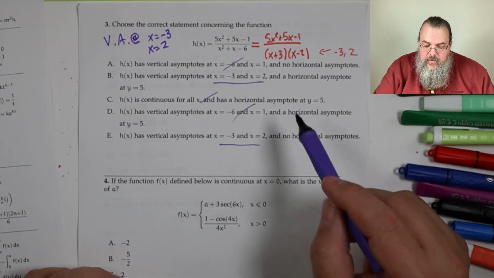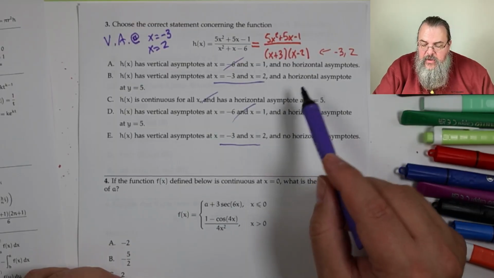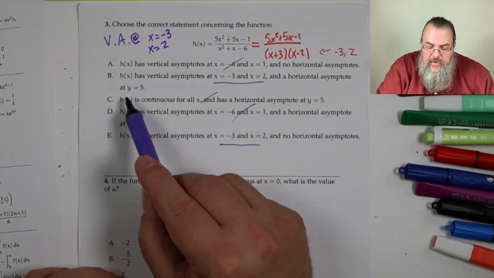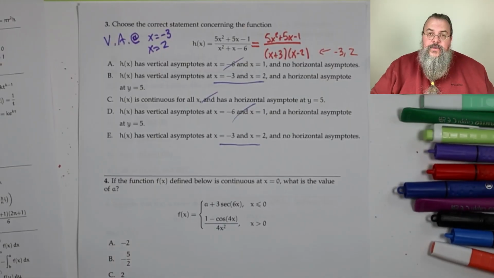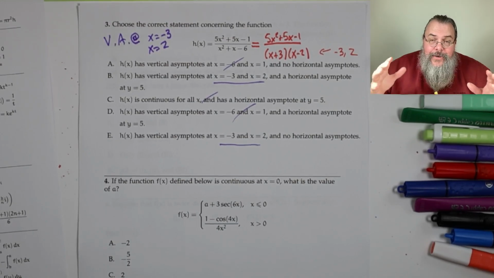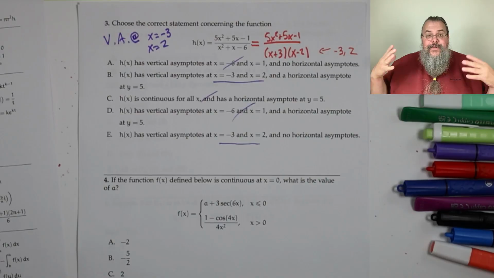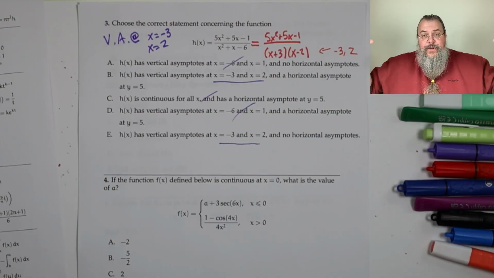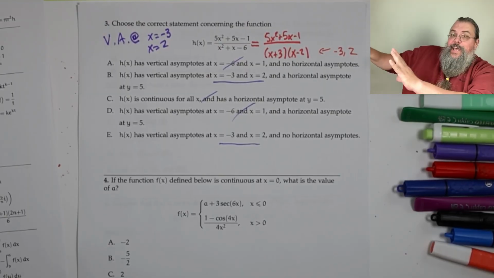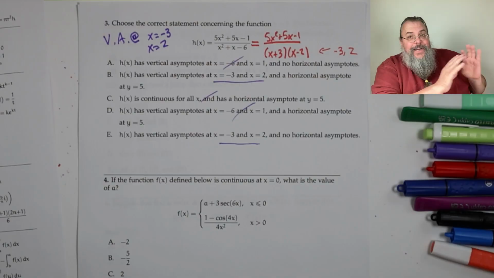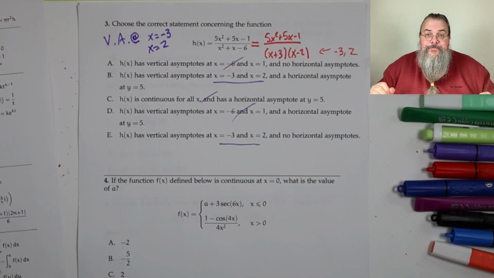Now, what distinguishes the last two? This one says horizontal asymptote at 5, and the other says no horizontal asymptote. Now, how do you find a horizontal asymptote? Here's how I like to do it. When I'm thinking horizontal, I'm thinking big, in the long run, way over there and way over there, like, what's going on?